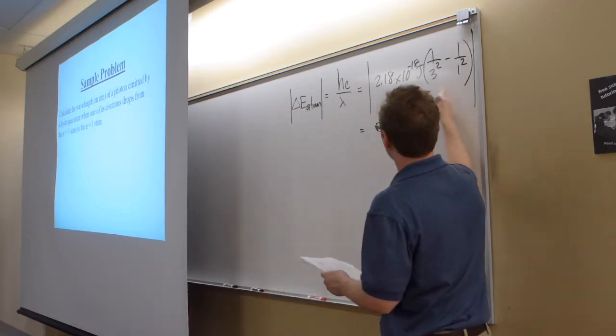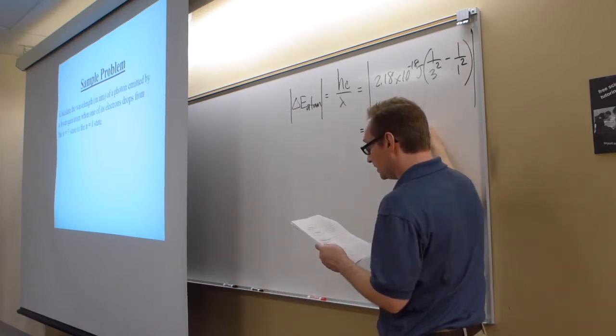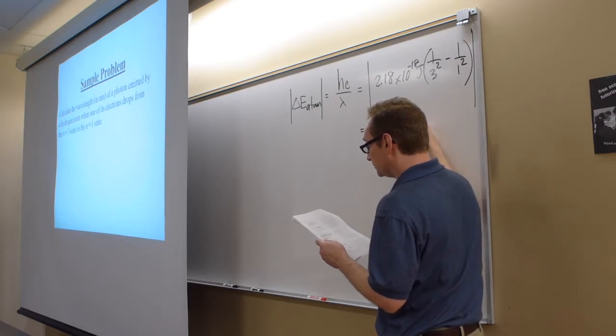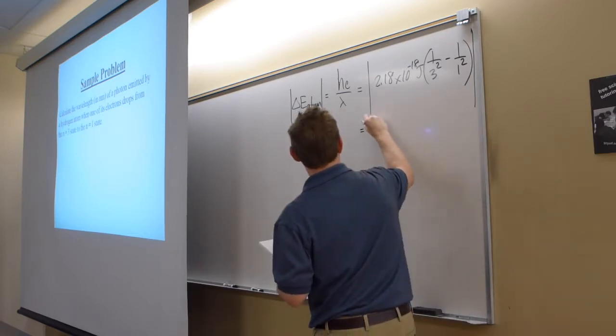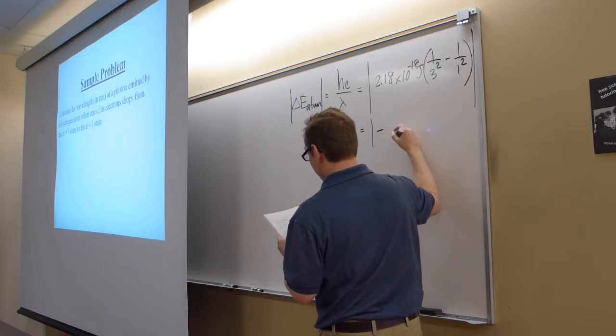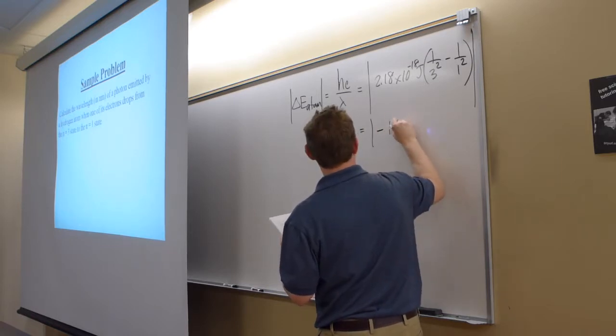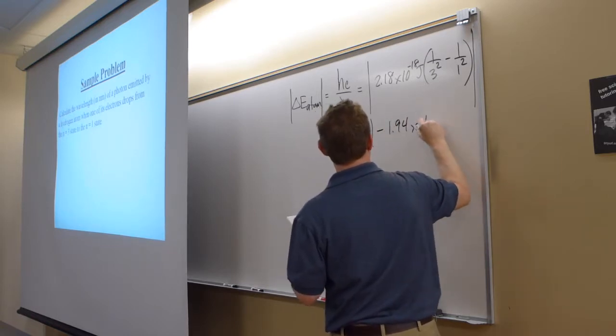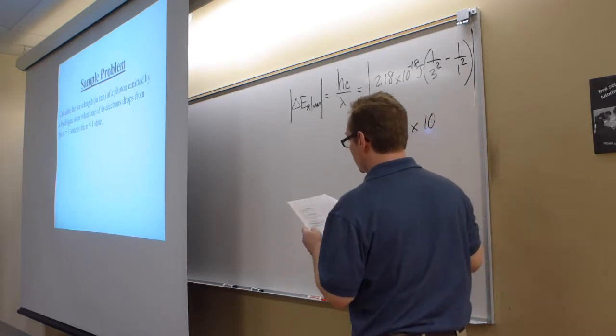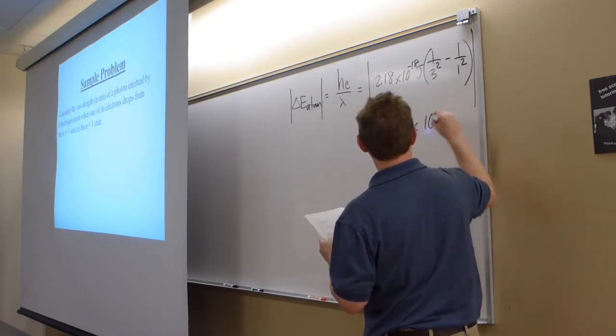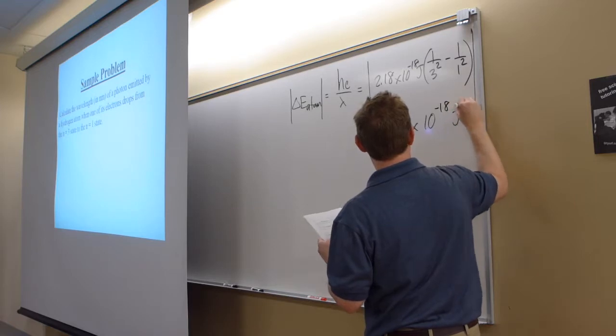So plugging this number in, we should get something like the absolute value of negative 1.94 times 10 to the minus 18th joules.